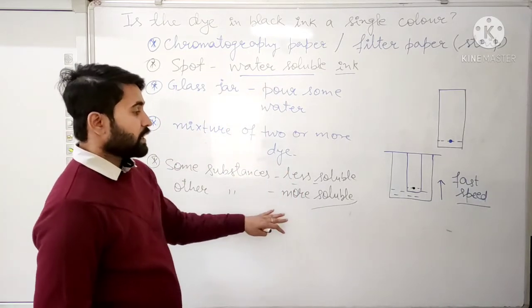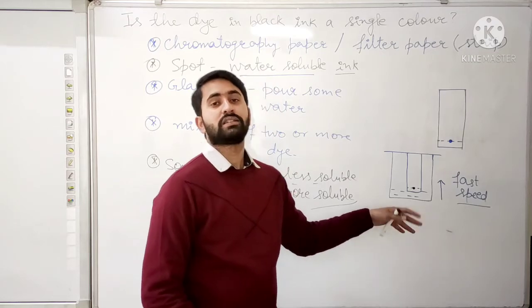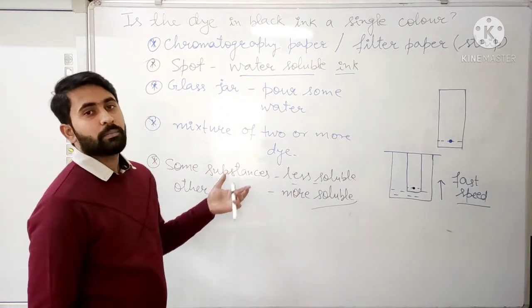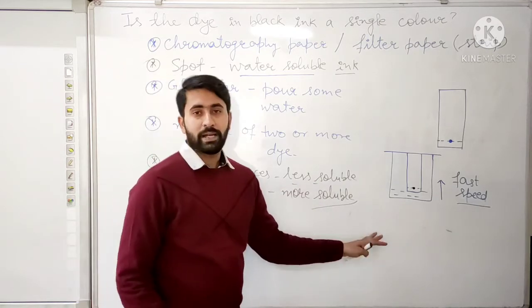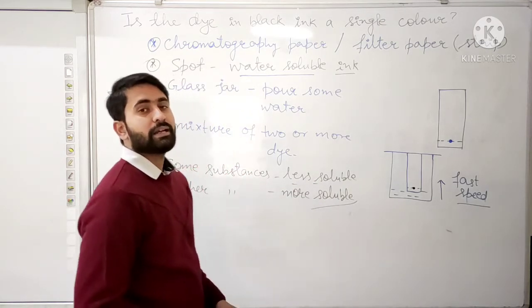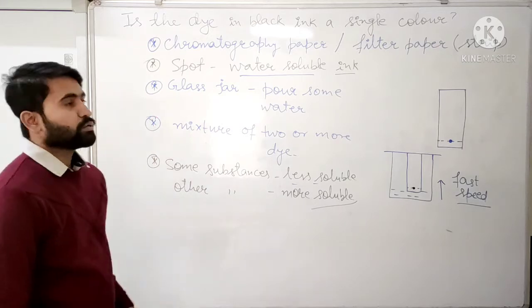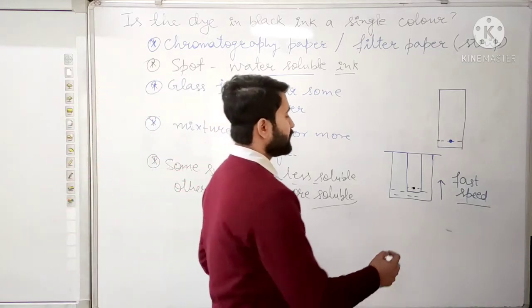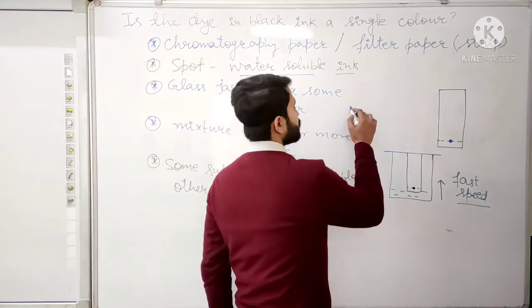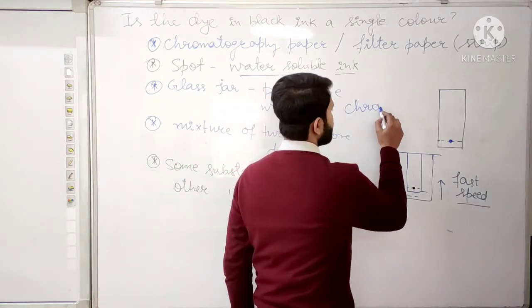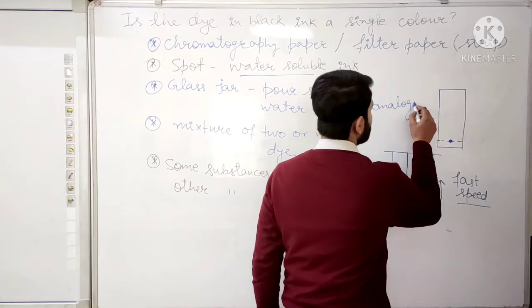In this way, the different colors present in the black ink will get separated. This method of separation is known as chromatography, and the paper that we get at the end is known as the chromatogram.